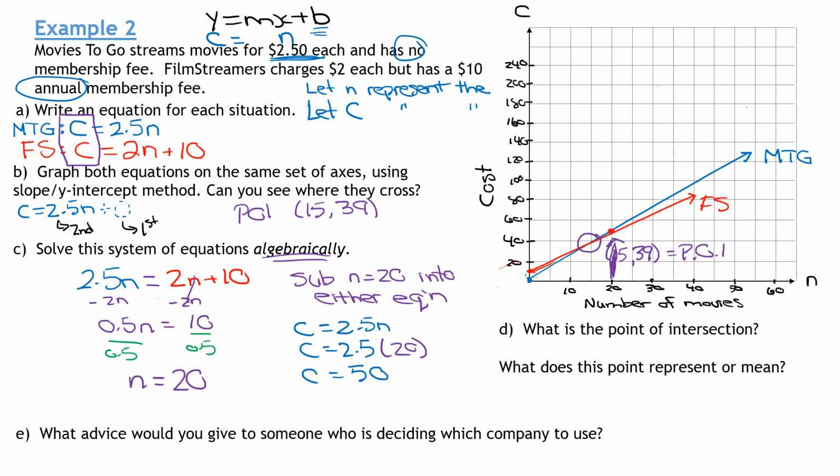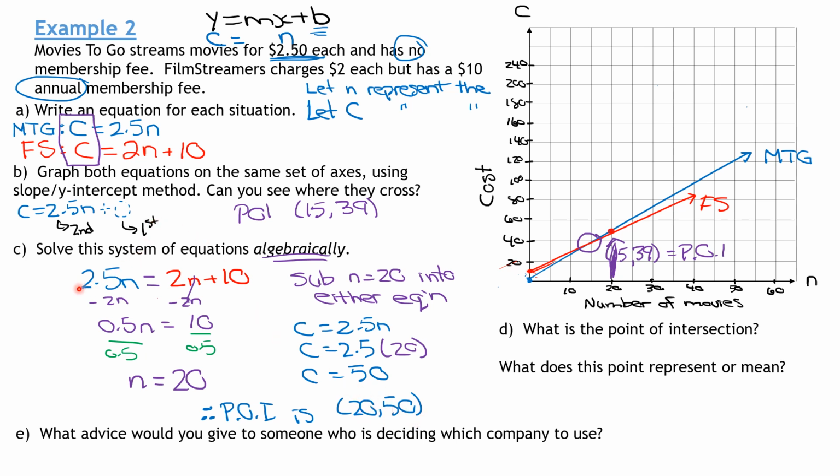So this tells me, therefore, my point of intersection is 20, 50, and I know that conclusively without having to guess and look at my graph and wonder where it could be. Solving it algebraically tells me exactly where it is.